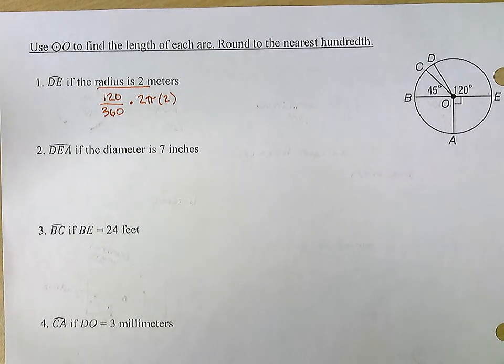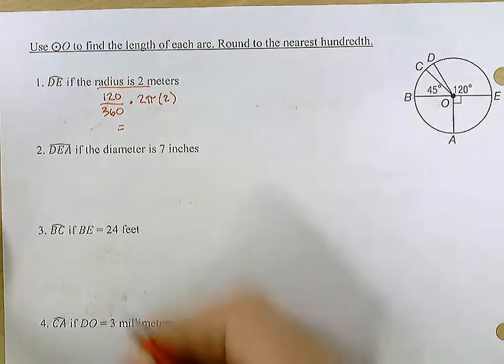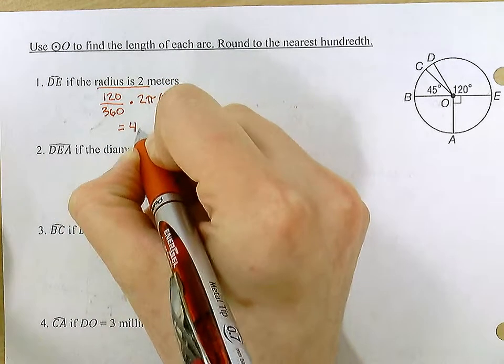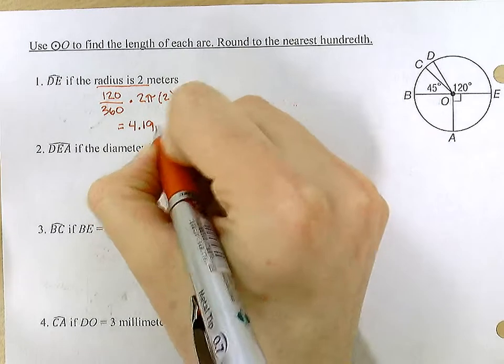So I can plug in 2 for r. From here, enter into your calculator 120 divided by 360, press enter, multiply by 2, pi, and then 2. And I got 4.19. And then what's my label for this one? Meters.